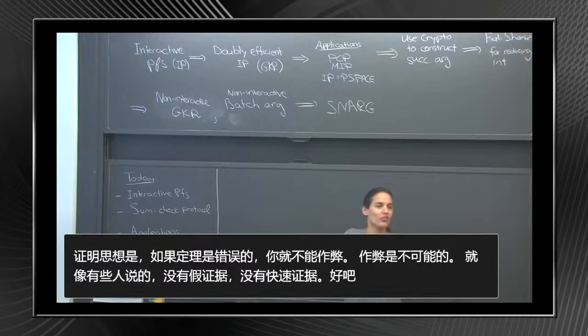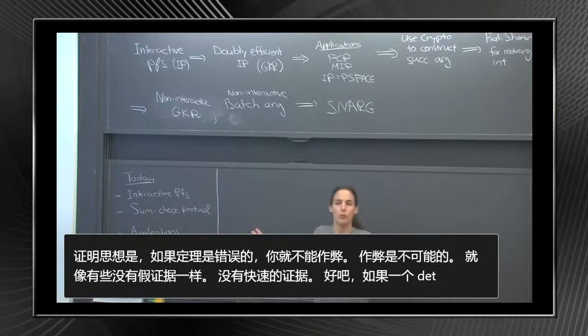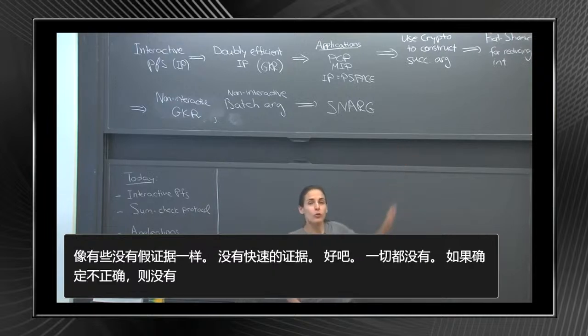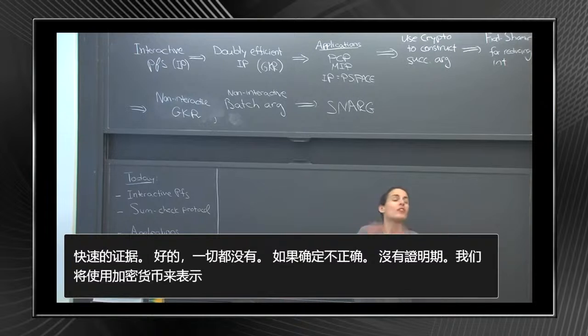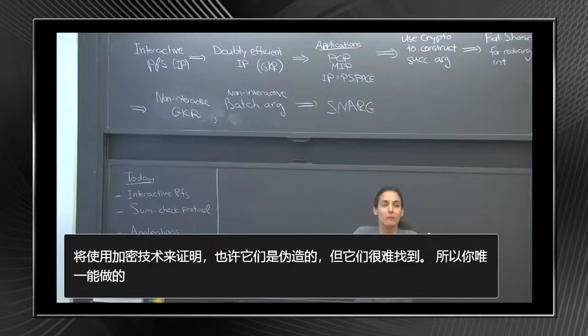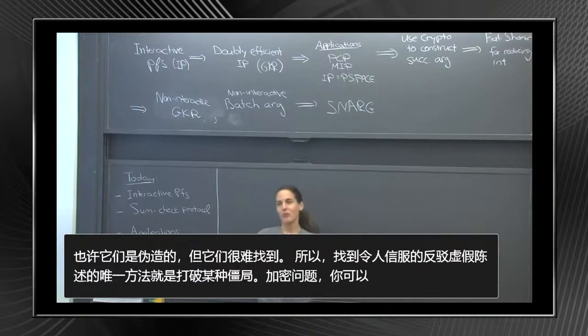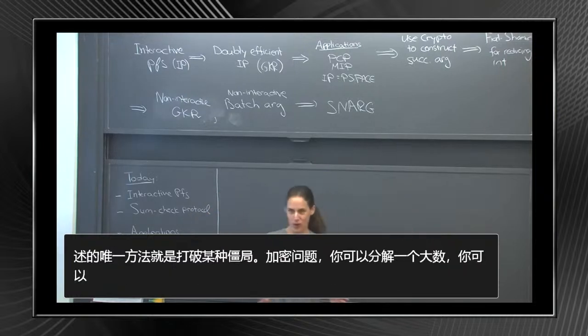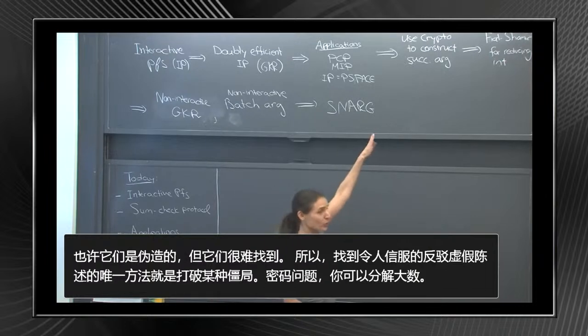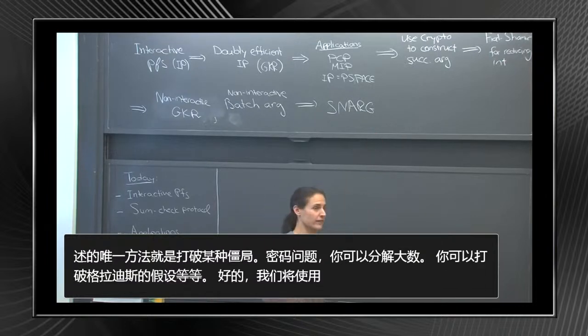If the theorem is incorrect, there's no proof, period. We're going to use crypto to say, maybe there are false proofs, but they're very hard to find. So the only way you can find a convincing proof of a false statement is by breaking a hard cryptographic problem. You can factor large numbers, you can break lattice assumptions, and so on. So we're going to use cryptography to make our proofs more succinct.